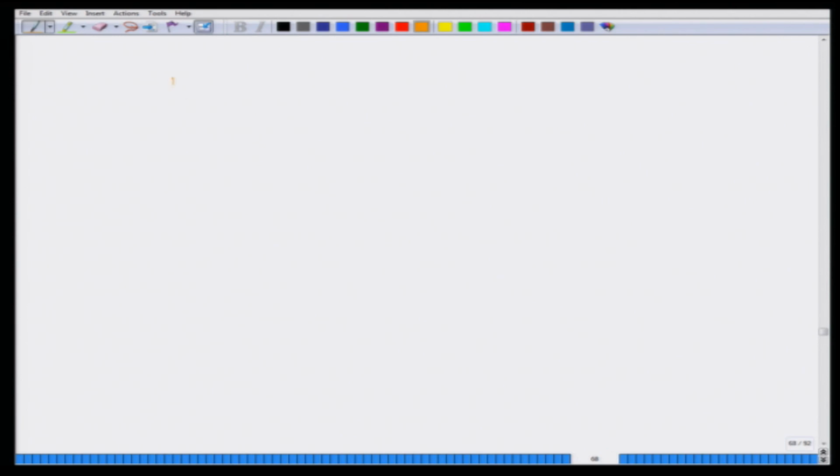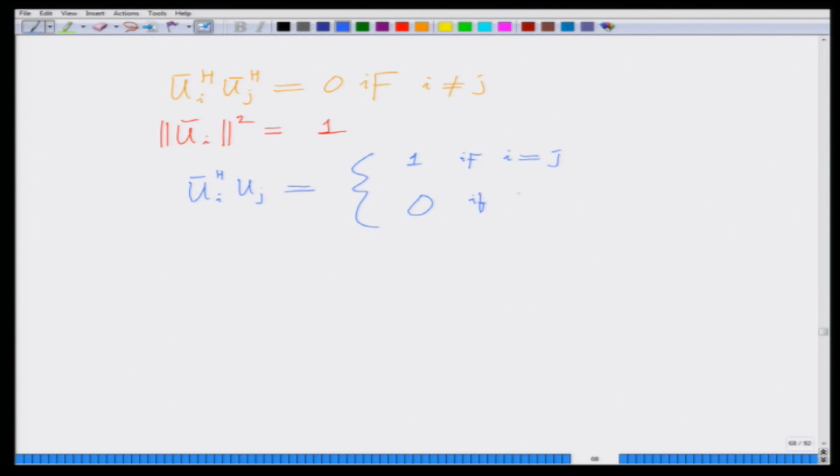So I have for the columns, ui bar Hermitian uj bar equals 0 if i is not equal to j. If i is equal to j, I have norm of ui squared equal to 1. So this property can be summarized as follows: ui bar Hermitian uj equals 1 if i is equal to j, 0 if i is not equal to j.